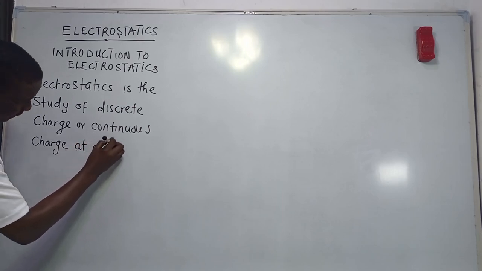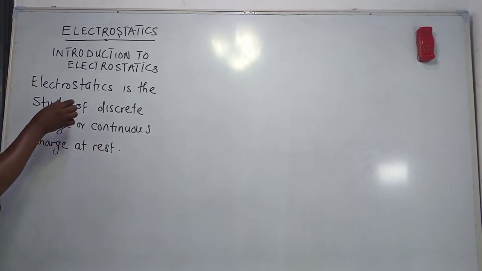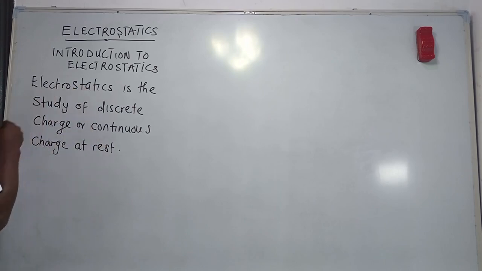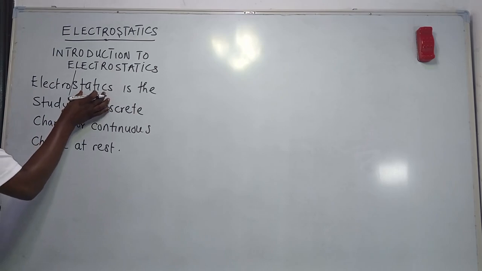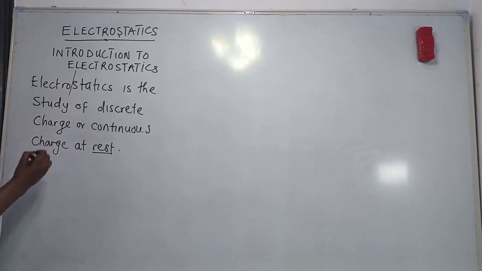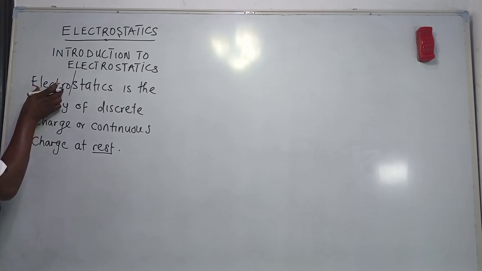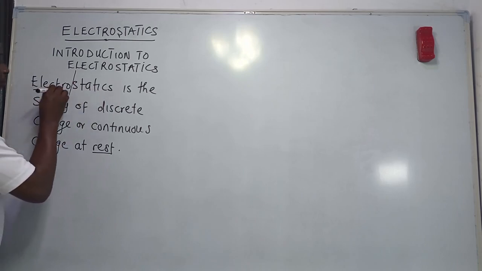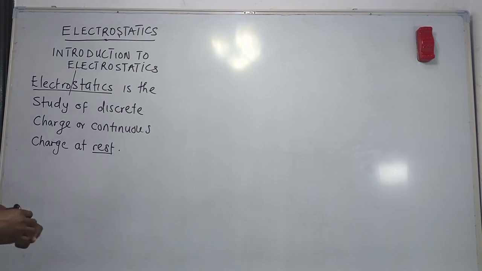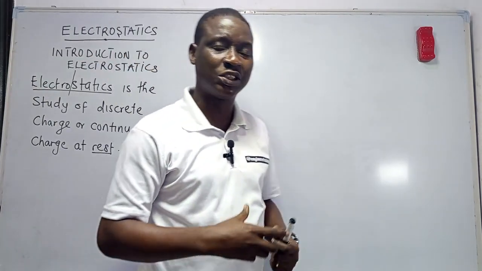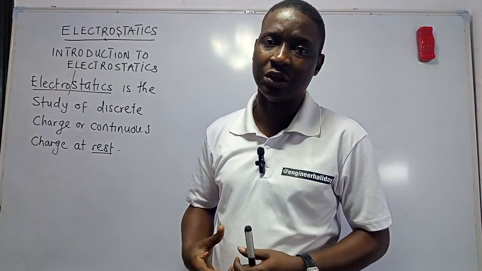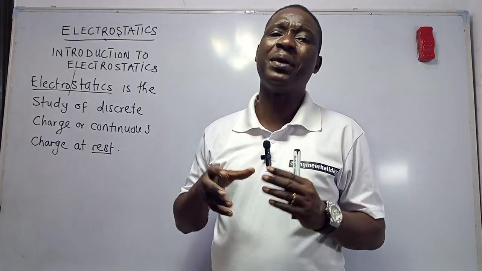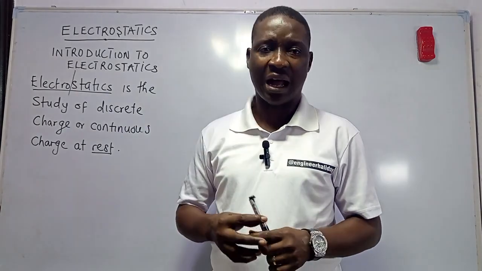If I split this word into two, electro is from the word electron, which is charge, and statics is from the word rest. So if you combine the study of charge at rest, that is what we call electrostatics. When we talk about discrete, we are talking about separate and distinct charge at rest.